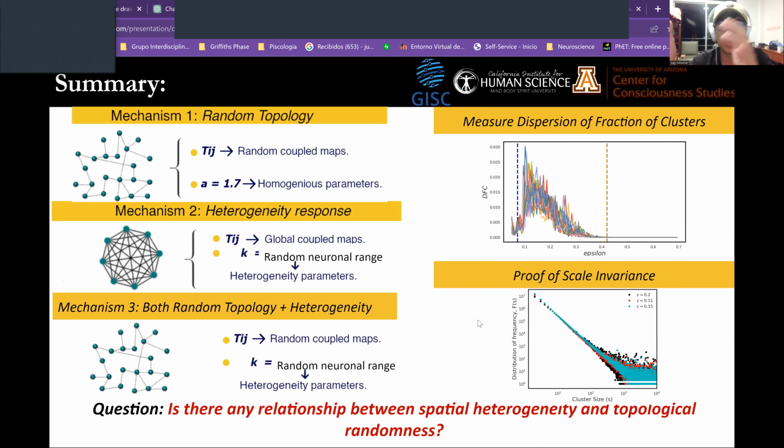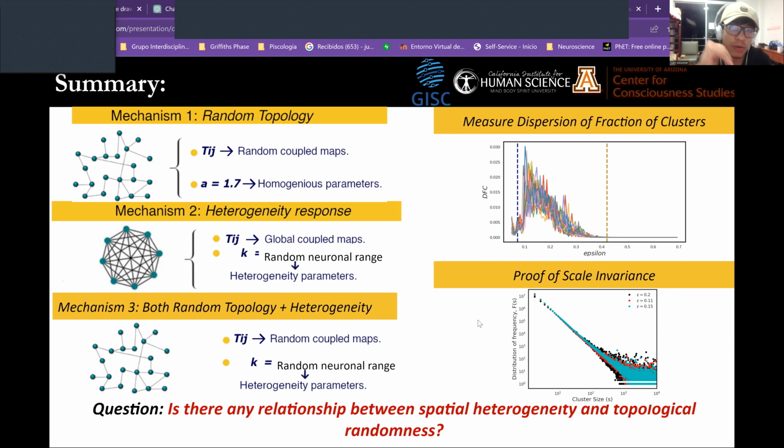As a summary, first, we proved the mechanism of random topology. Second, we found a new mechanism, which is the heterogeneity response. Also, we say that obviously there is a third mechanism, which is a combination of both. We developed a unique measure that detects this.